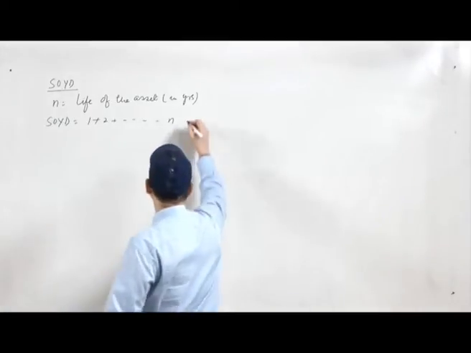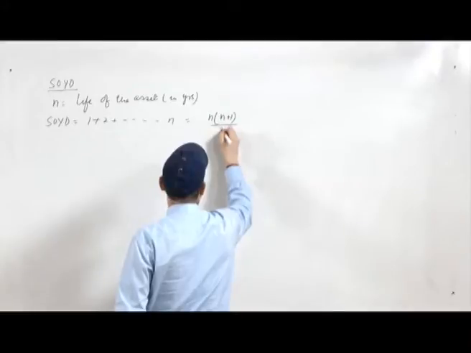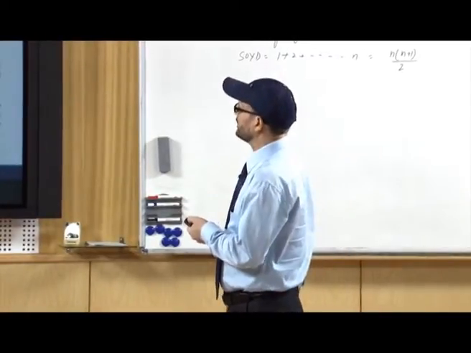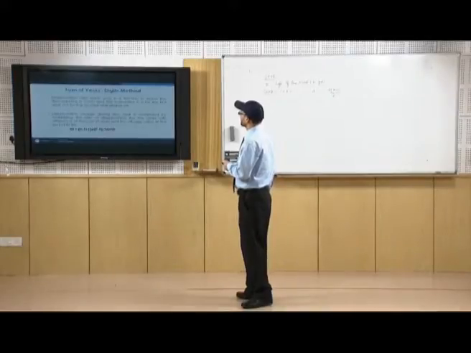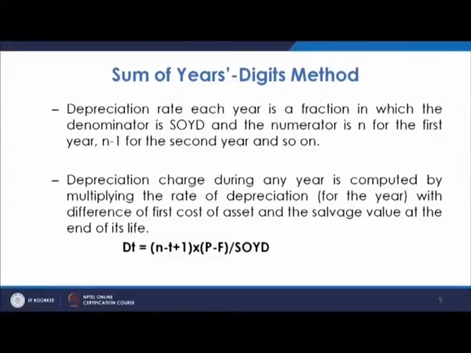We know that this value is n into n plus 1 by 2. Now, this will be in the denominator and the numerator is n for the first year, n minus 1 for the second year, and so on.